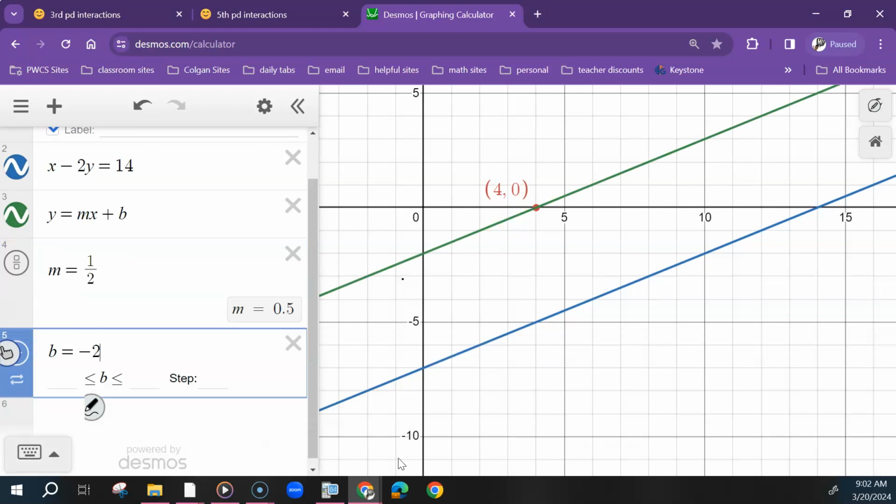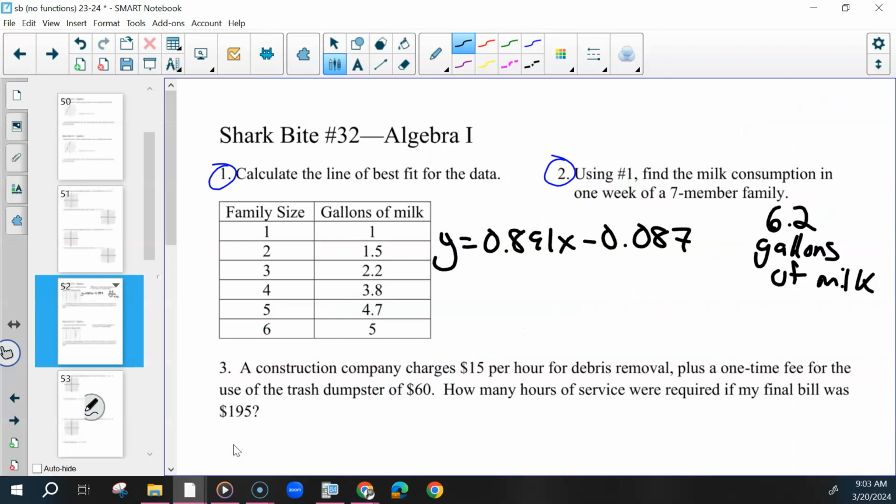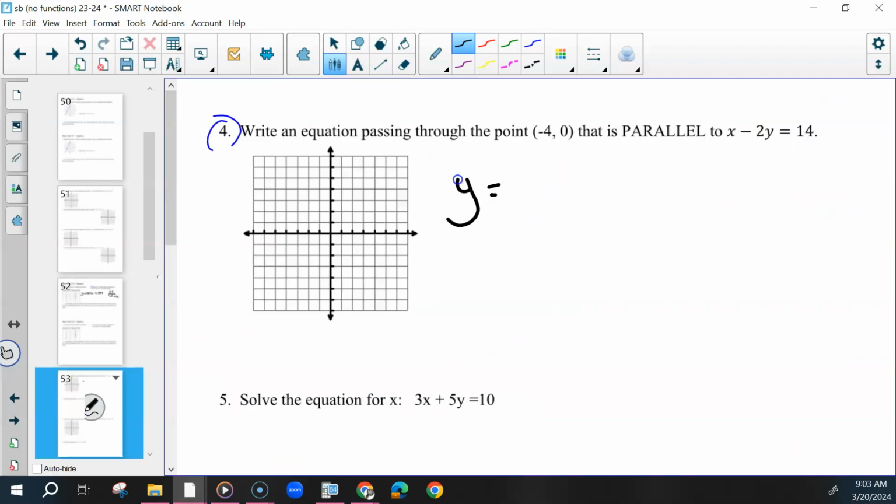So the equation would be y equals 1/2 x minus 2. And you could say you used Desmos to get full credit for that. If you were doing this algebraically, you would have to solve the equation and then use your point slope form, or you could use your graph. Questions there?